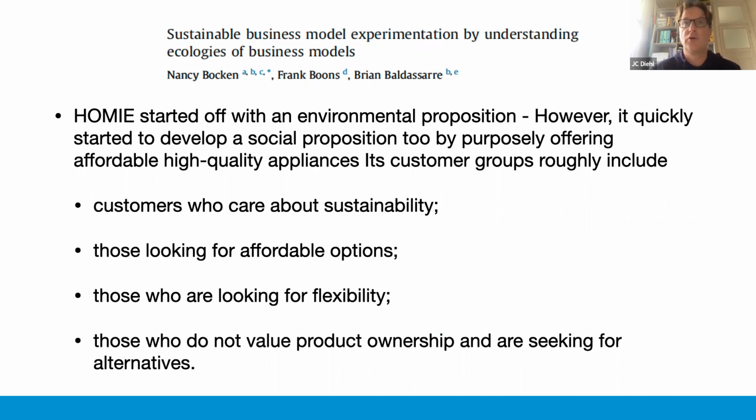For example, those who are looking for an affordable option, somebody who cannot afford an AEG or a Miele at once, the 1,000 euros upfront cost, or those who are looking for flexibility, for example, expats, people who come to work and live here for only a few years, or those people who are looking for different ways of ownership.